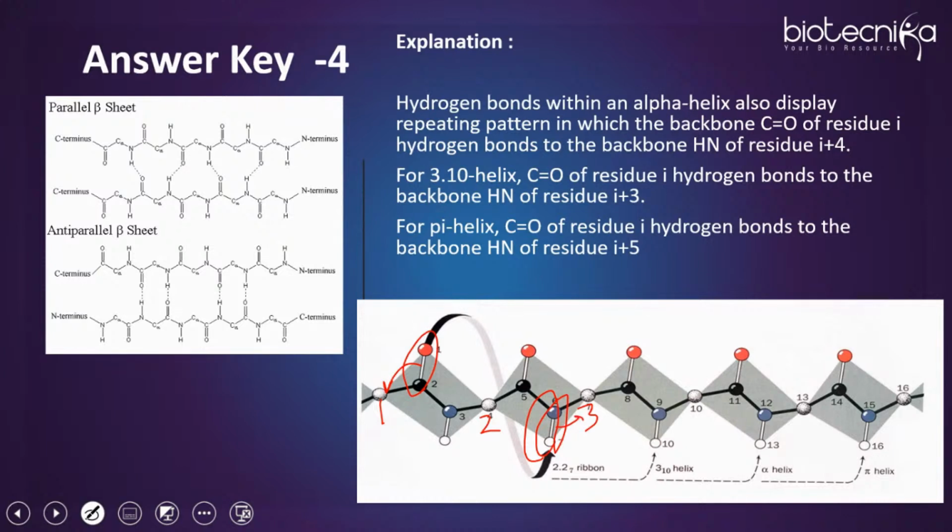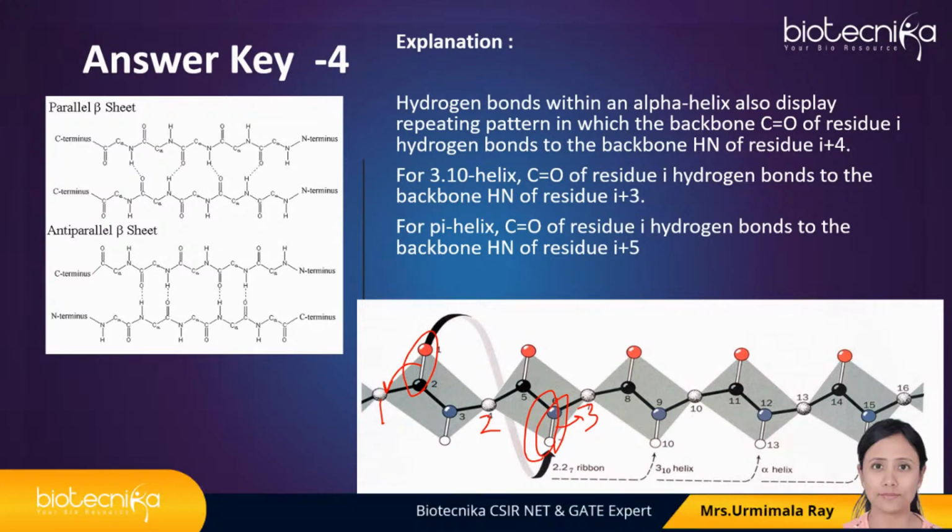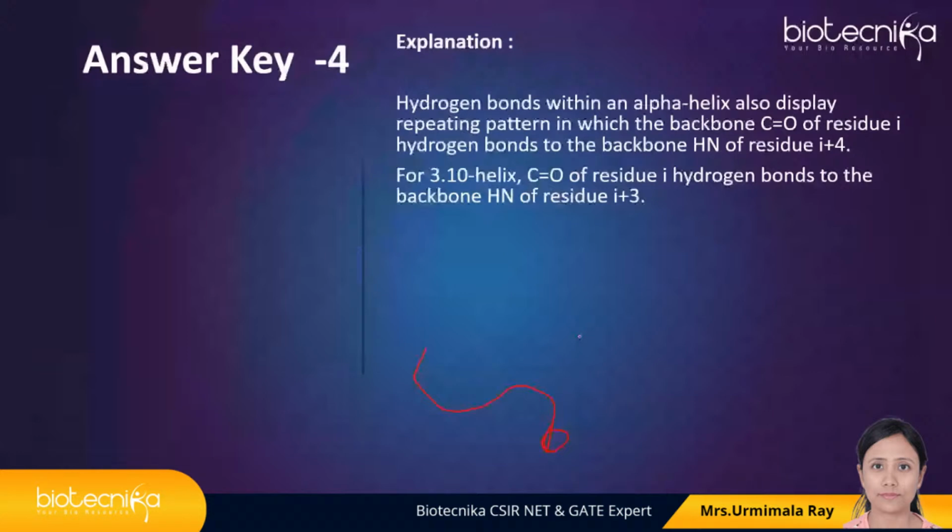So what is the bonding? How many atoms are there? 1, 2, 3, 4, 5, 6, 7. But what is written in the previous one? It is written there are 6 atoms between hydrogen bond donor and acceptor, which means that this is not correct. B is wrong.